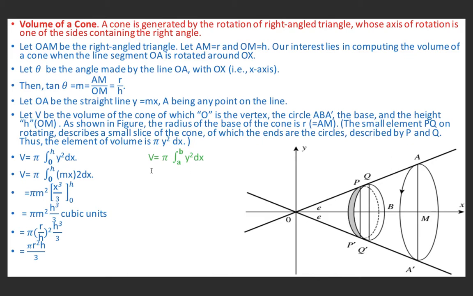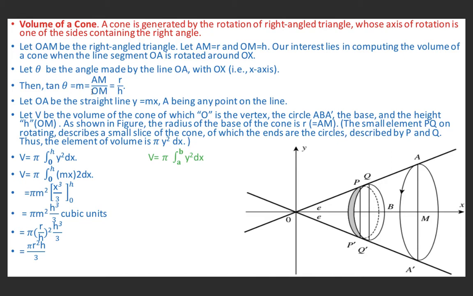Always remember this formula, V is equal to pi y square dx between the limits a to b. So it is pi m square, substitute the upper limit, h cube upon 3 cubic units. It means m is nothing but r upon h, because tangent theta is m, equal to AM upon OM.